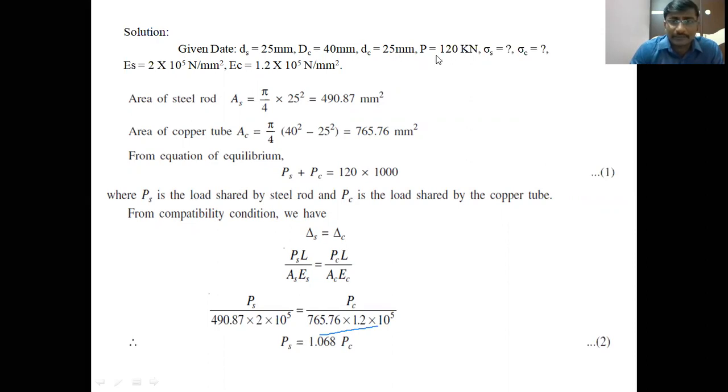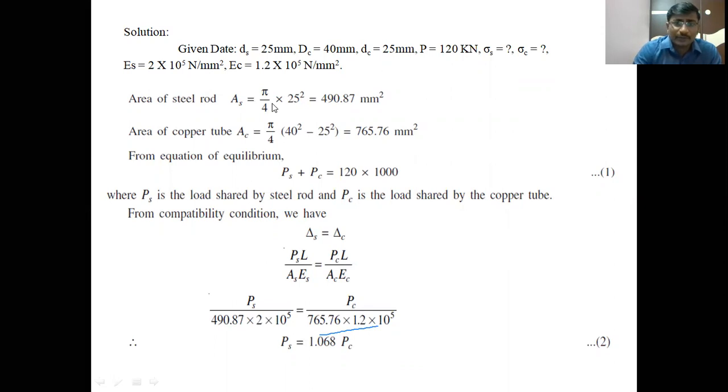Load applied on the compound bar is 120 kilonewtons. Sigma S and sigma C are what we have to find in this problem, that is the stress in steel and stress in copper. Young's modulus for steel is 2 into 10 to the power of 5 and for copper is 1.2 into 10 to the power of 5 newtons per mm square. Clear students? This is the given data from example 2.